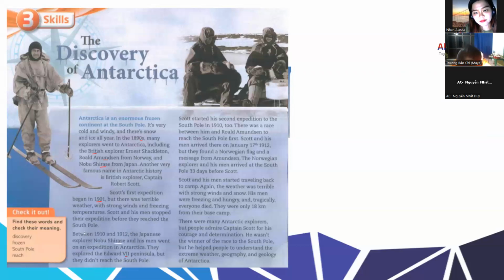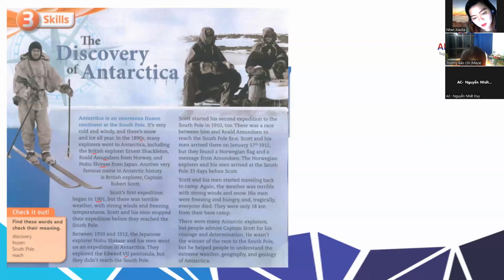Scott started his second expedition to the South Pole in 1910. There was a race between him and Roald Amundsen to reach the South Pole first.